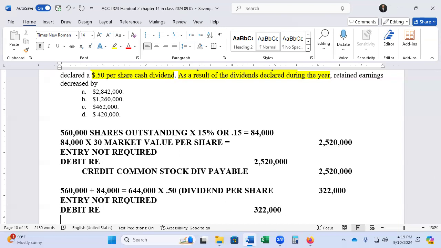Just keep throwing zeros up there. So, all right, credit. This would be dividend payable because it's in cash. Alrighty then.